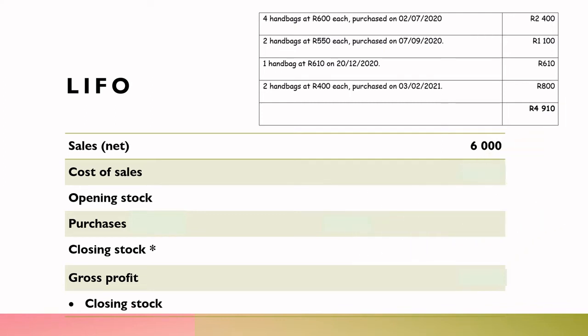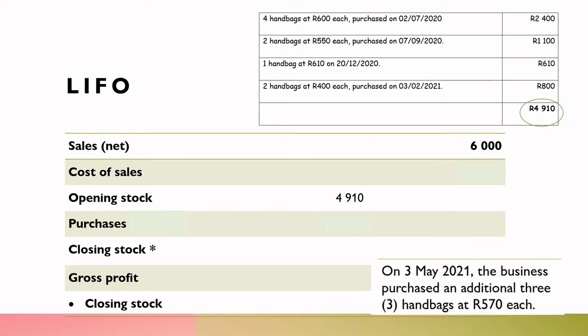To work out cost of sales, it's going to be opening stock, which we have as 4,910 Rand, which stays the same, plus our purchases, which also stays the same. And then we have to calculate our closing stock. Again, looking at these dates and knowing that we sold 5 items, and there's supposed to be 7 items left in our closing stock.